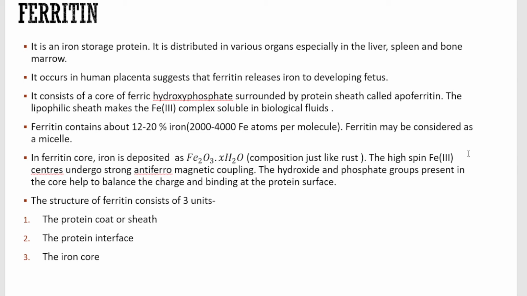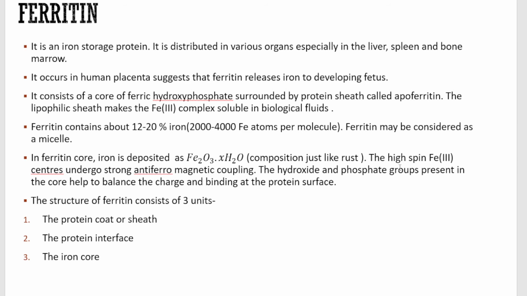And the high spin Fe3+ centers, you know that iron in the iron core is present in the +3 oxidation state. These irons undergo strong antiferromagnetic coupling because there are a lot of iron atoms that are present in +3 oxidation state, correct? So they undergo antiferromagnetic coupling.